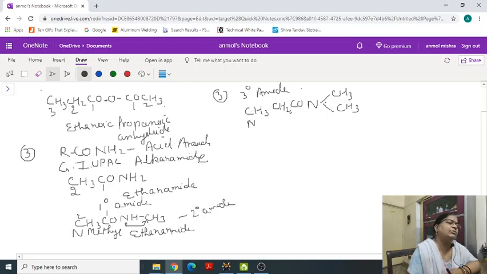Since both are the same, we write N,N-dimethyl, and here there are 3 carbons, so propanamide.